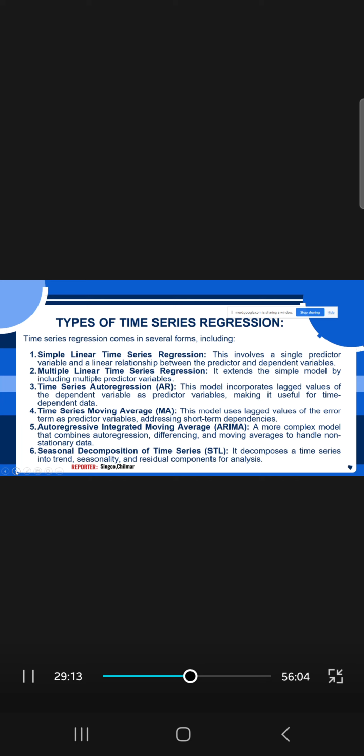Number five is the autoregressive integrated moving average. It is a class of statistical models used for forecasting time series.